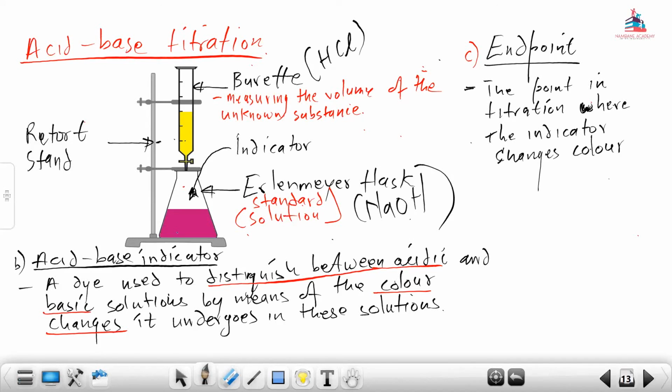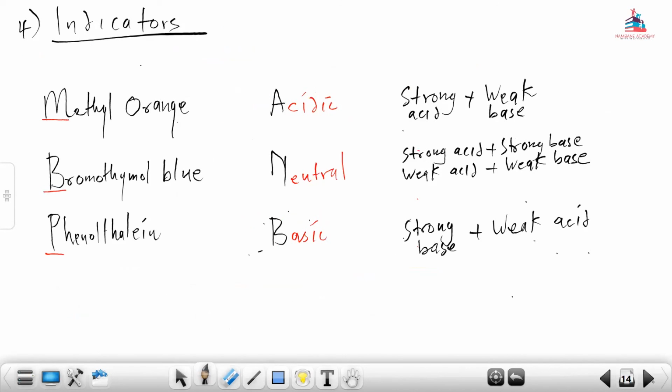Acidic, neutral, and basic. For an acidic solution, I need strong acid, weak base. But HCl is a very strong acid and sodium hydroxide is a strong base. It means the relevant indicator must be now bromothymol blue.